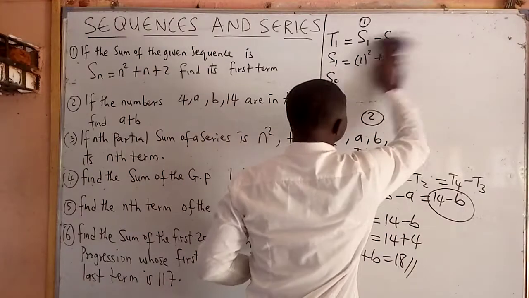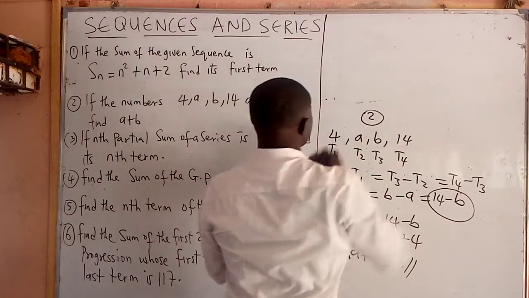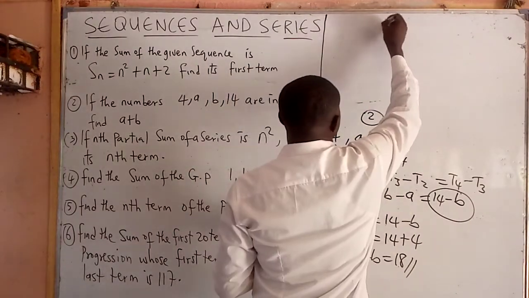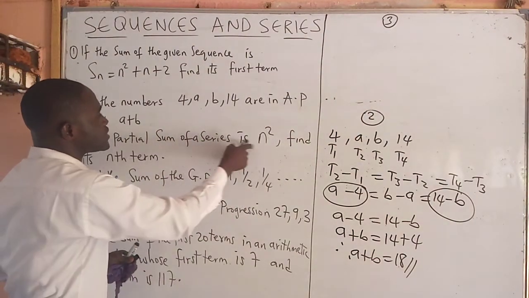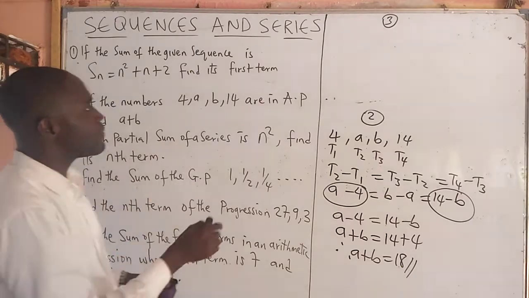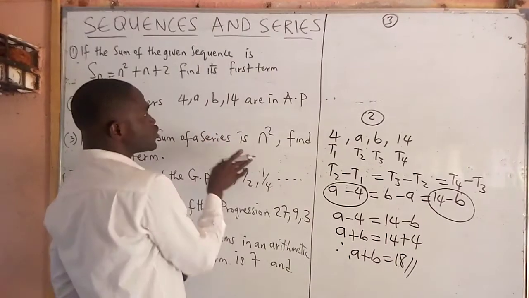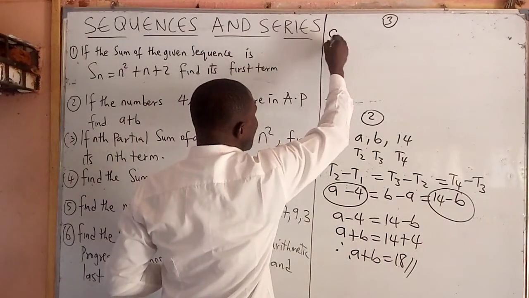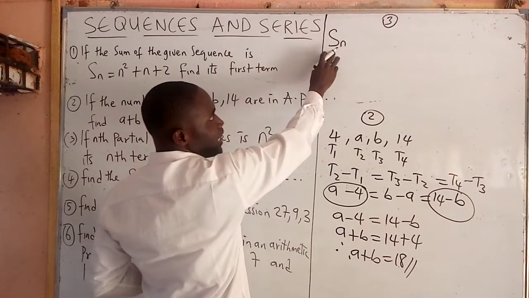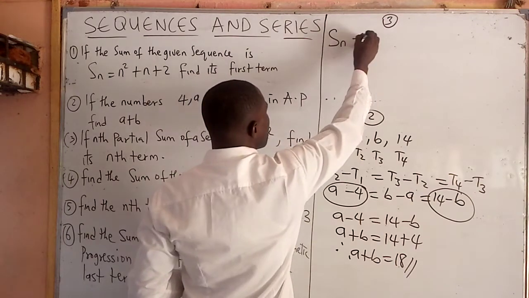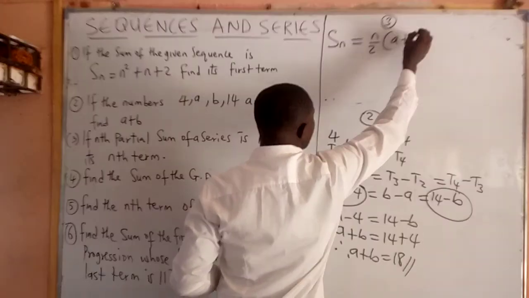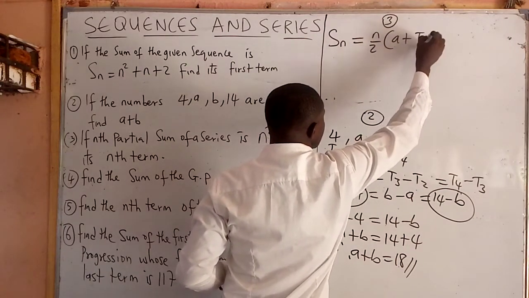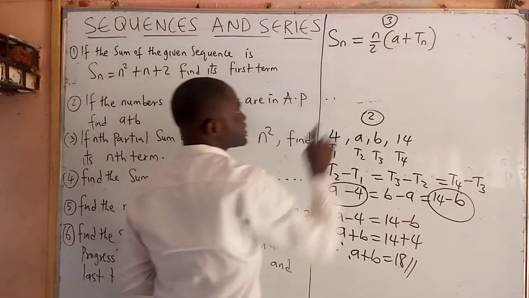Question number 3 says, if the nth partial sum of a series is this, find its nth term. Now, for you to solve it, remember there is a formula that says the sum of the first n terms of an AP equals n over 2 bracket A plus Tn, where this is your last term.